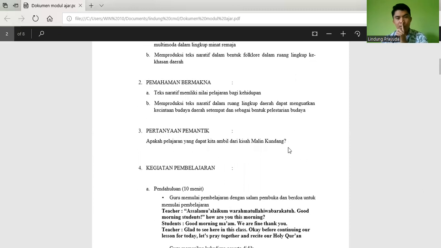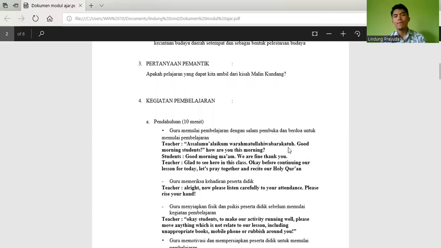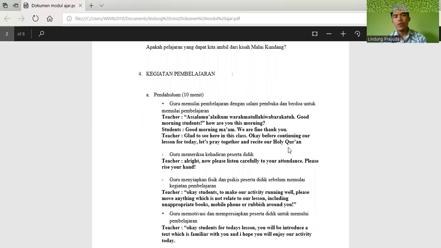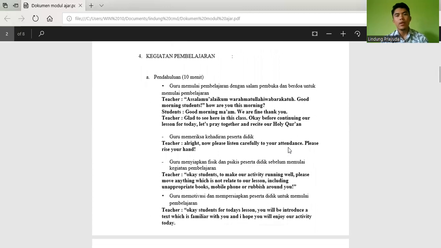And let's come to the learning activities. Here, as usual, we have an introduction for the lesson, where at first students start with greetings, praying, and reciting the Holy Quran.